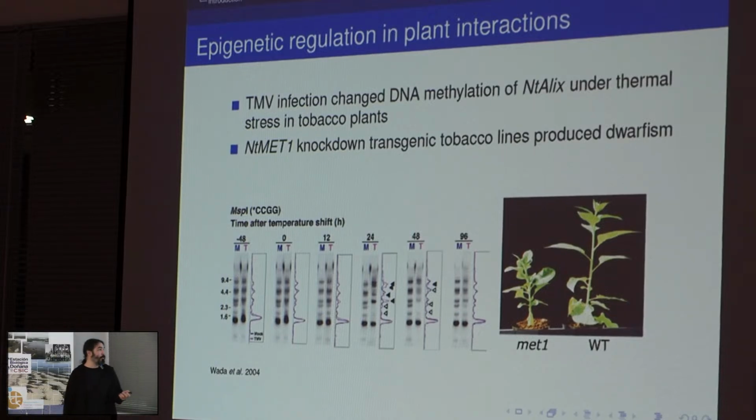For example, in tobacco, when tobacco plants are infected by the tobacco mosaic virus, we can see that the gene helix, which is a gene involved in the pathogen response in plants, showed shifts in its methylation patterns in the DNA sequence in less than 24 hours, and they were maintained for at least another 24 hours.